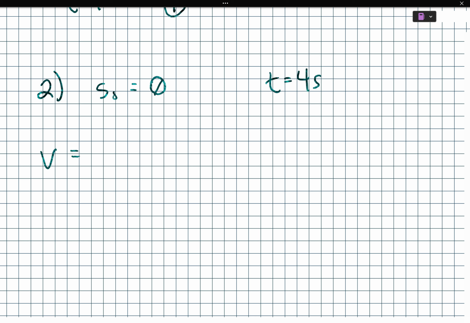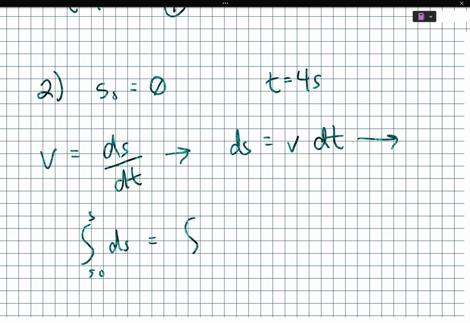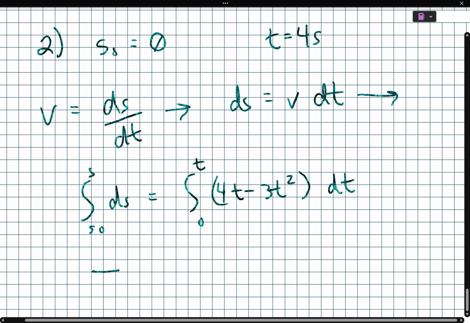So we have velocity is equal to ds/dt, and then the integral of ds going from s0 to s is equal to the integral from 0 to t of 4t minus 3t squared dt.